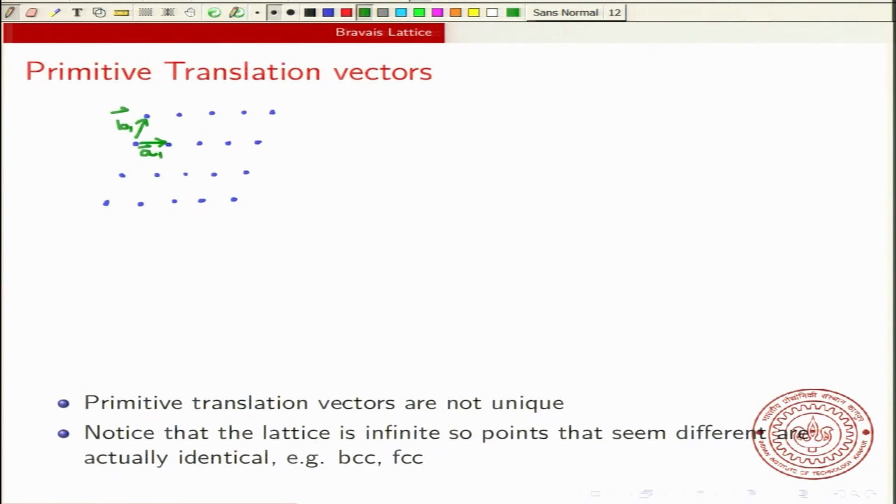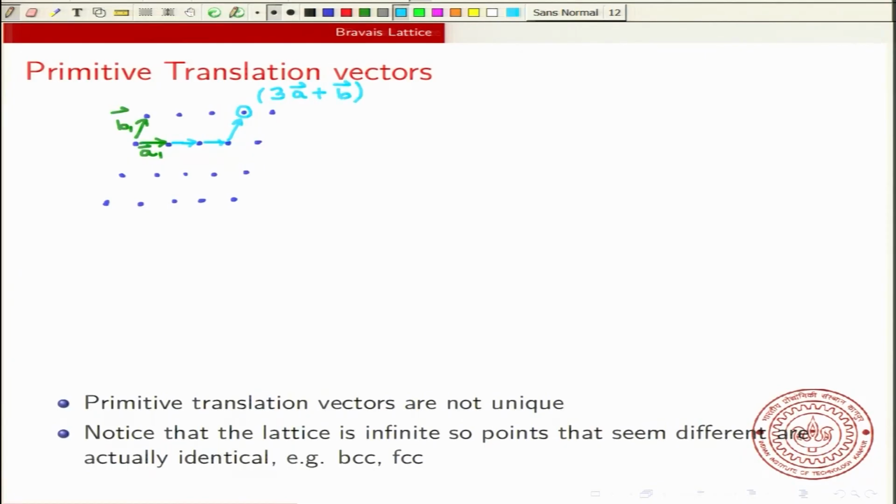Now, you can see that any point, if I take let us say this point, I can write it as 1, 2, 3 times A plus B. So, I can write it as 3 times A1 plus B1.